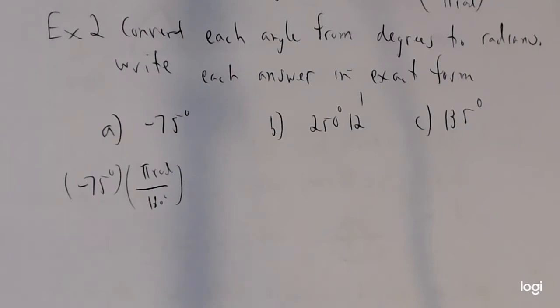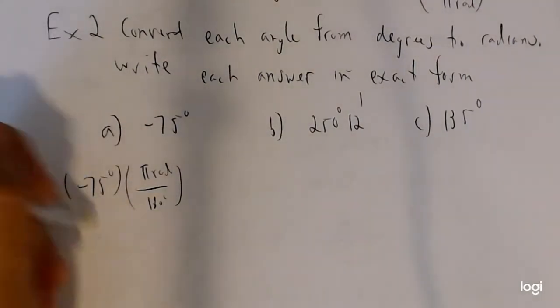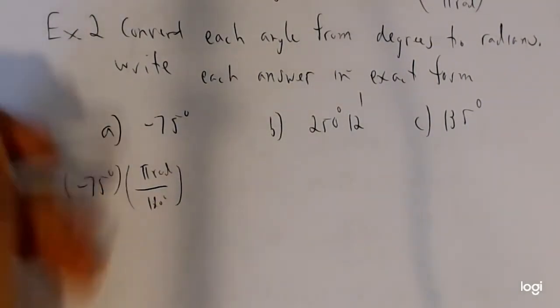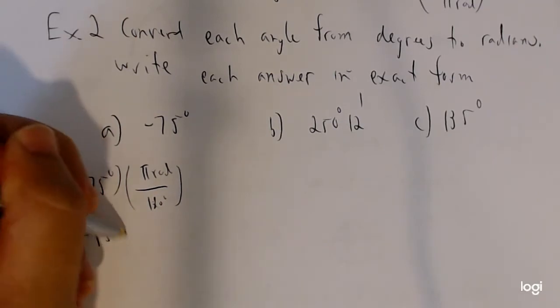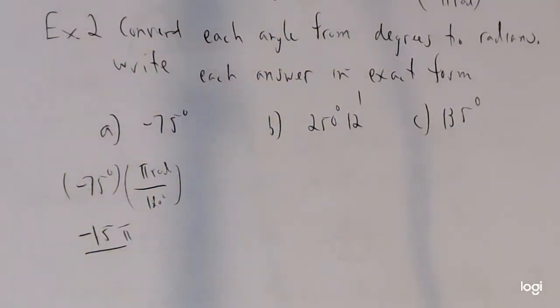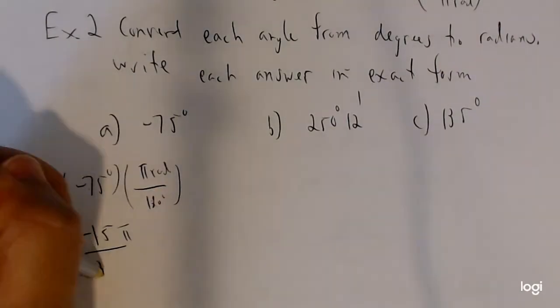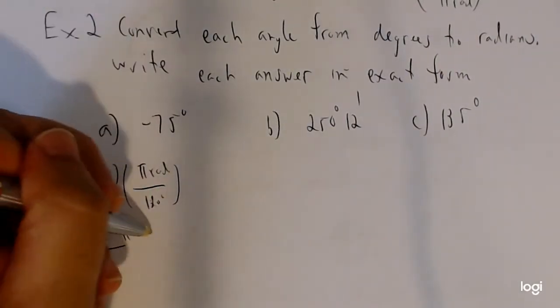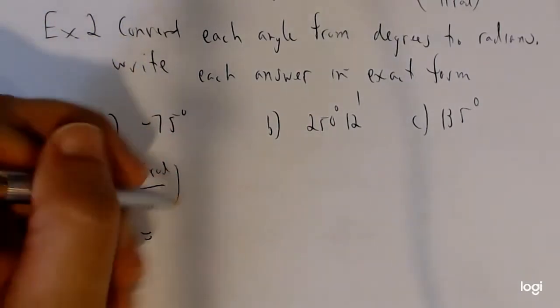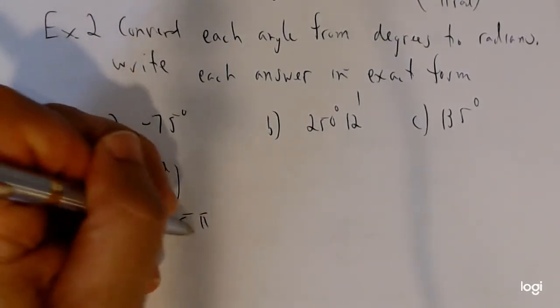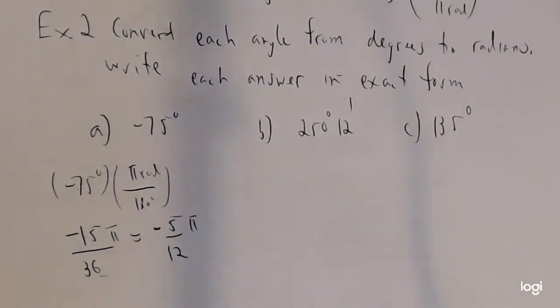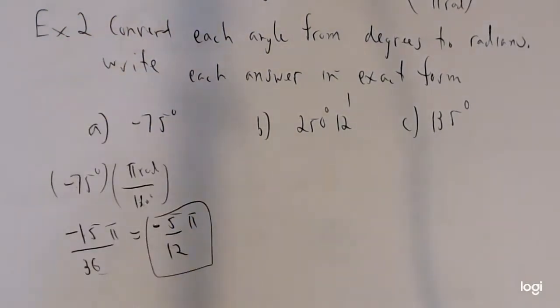The degrees will cancel out. I'm dividing both of these by 5, so negative 15 pi over 180 divided by 5 would also give us 36. And it looks like I could simplify this further because they both divide by 3, so that would be negative 5 pi over 12. And that I can't simplify any further, so that's my answer.